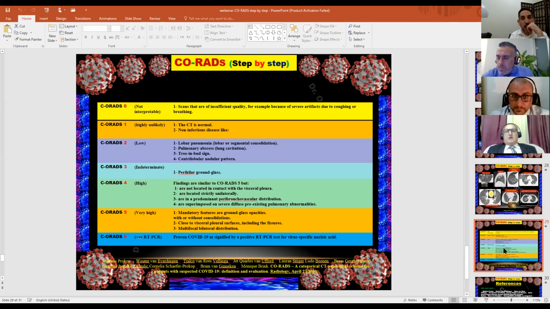Second, the biomarkers all start to come down: the CRP is coming down, the ferritin level, the troponin, the LDH and the liver enzymes all normalize, and the patient feels that he is improving.